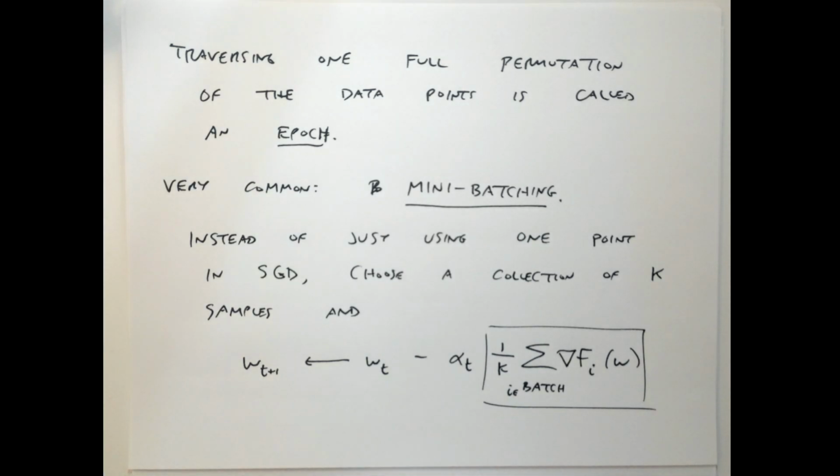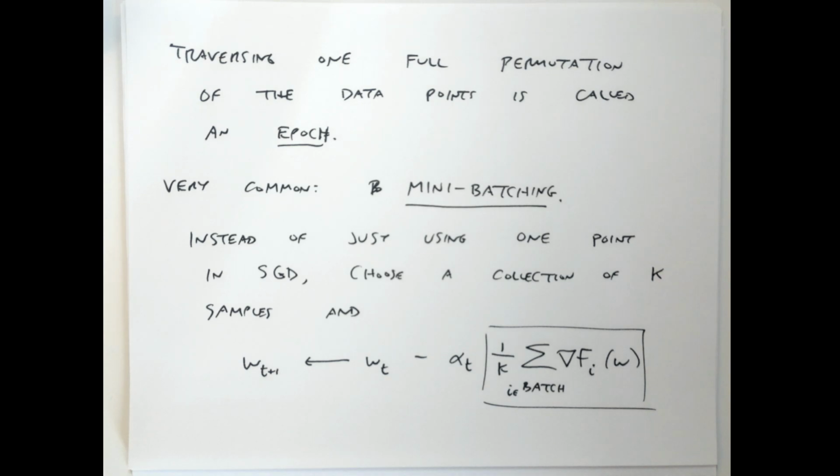And so this is good because the gradient at a single point is not a very good approximation of the full gradient, right? But if I average 10 points together or 12 points together or 50 points together, maybe that will be a better estimate of the gradient step. All I really need for this to do something is that the vector I choose is a descent direction, right? I don't necessarily have to be moving in the absolute best direction as long as I'm moving in a direction that reduces the cost function, right?